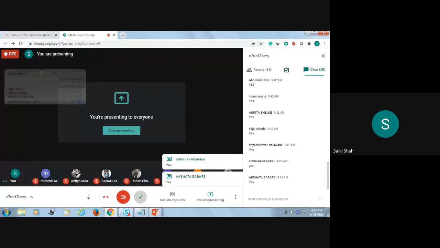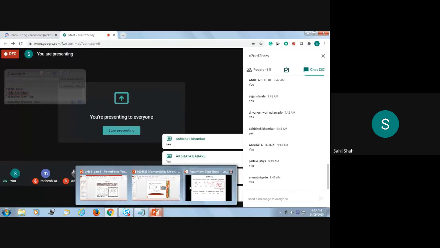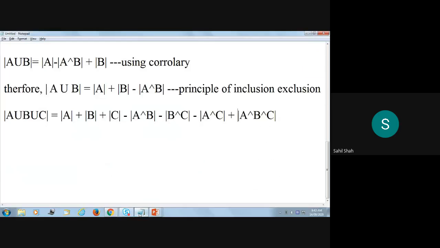Now let me give you a small proof with the help of an example. Let A equal to 1, 2, 3, 4 and B equal to 2, 4, 5. Can you tell me what is A union B?